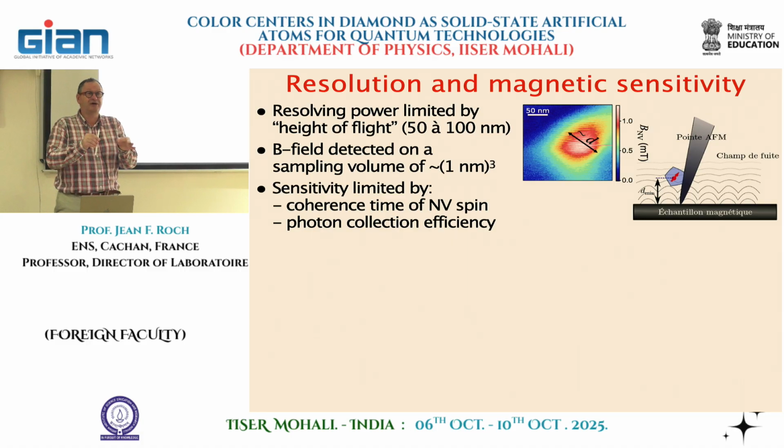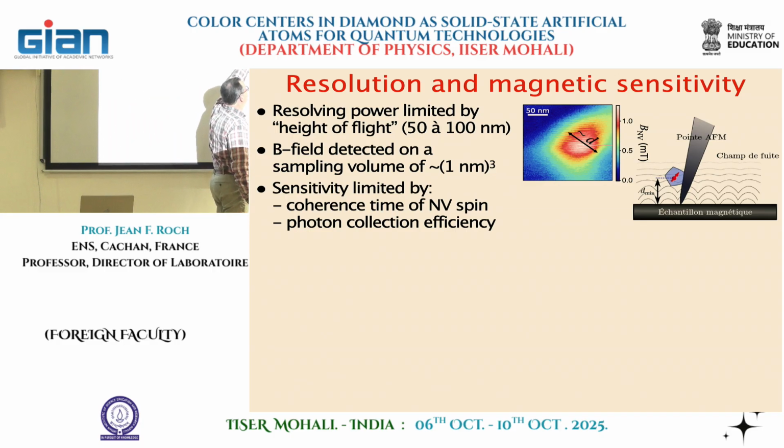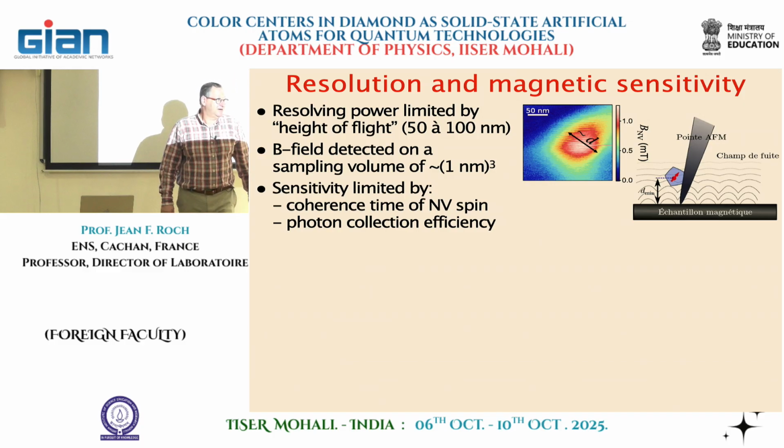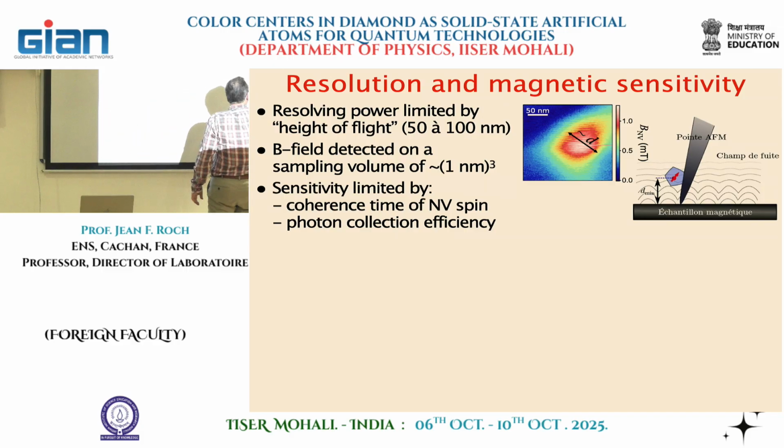The resolution I will have on the mapping of the magnetic field will be 5 to 100 nanometers. And this is simply due to the height of the nanodiamond with respect to the apex of the tip. It's very hard to put the nanodiamond really at the apex.